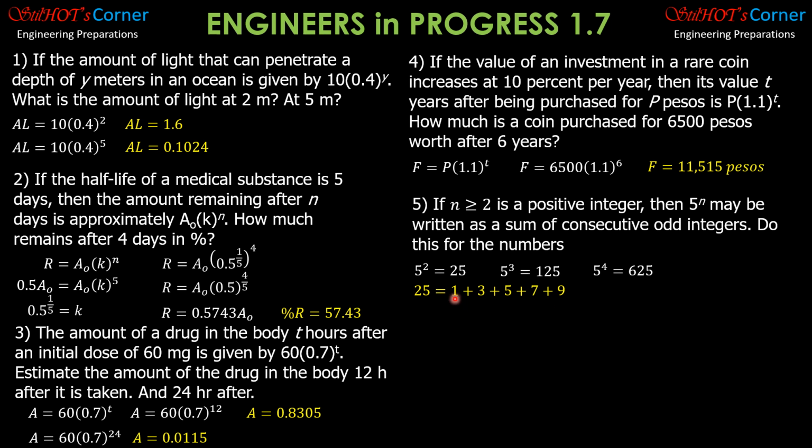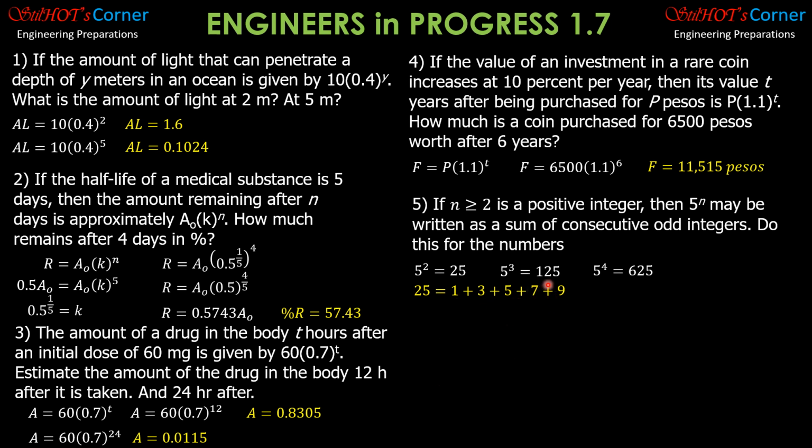So denote the lowest odd integer as x. The next one is x plus 2, x plus 4, x plus 6, x plus 8, so 25 minus quantity 2 plus 4 plus 6 plus 8 is 5, then divided by 5, so 1. So the smallest odd integer is 1, so the next is 3, 5, 7, 9. So that's why it's 25.